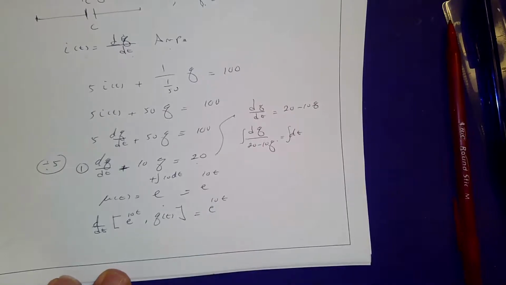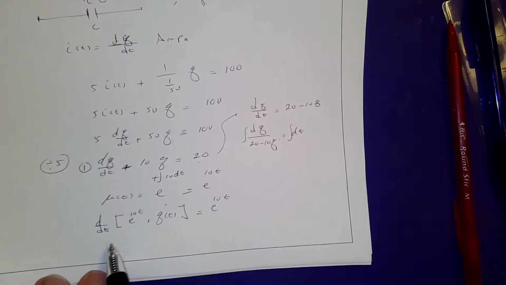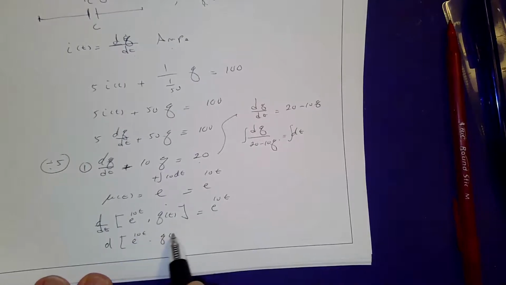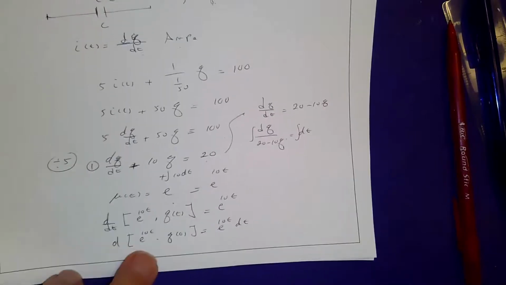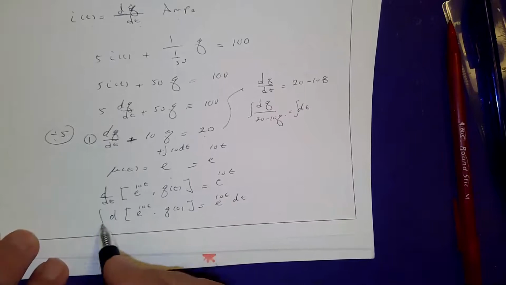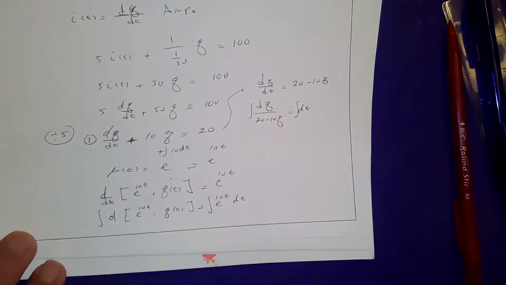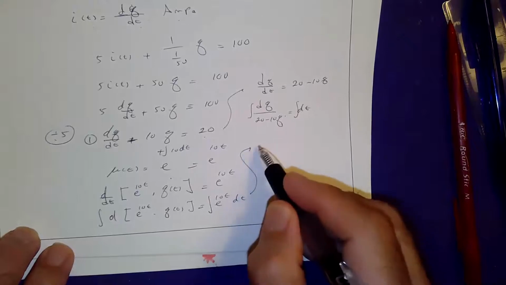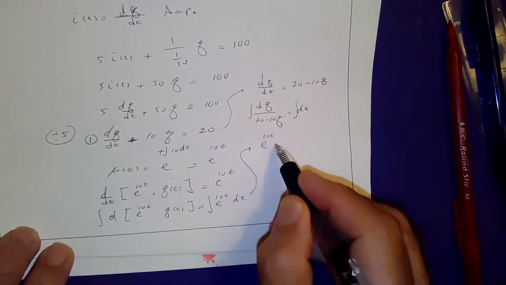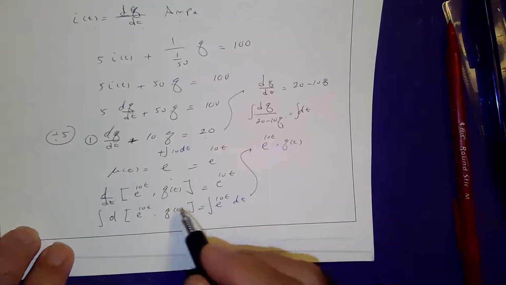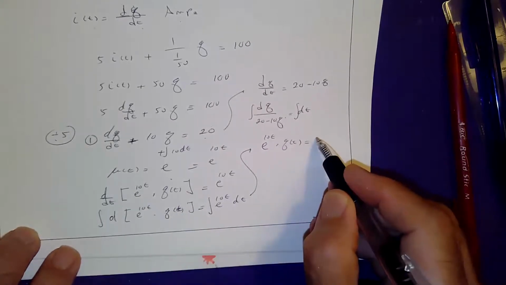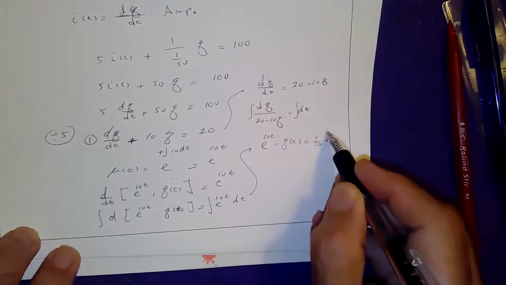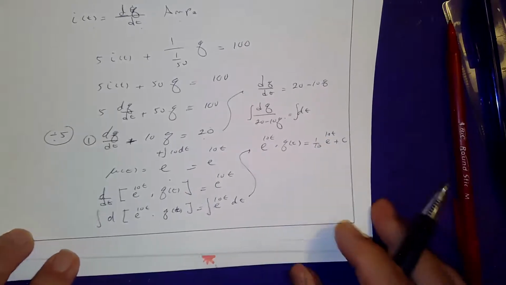Now multiply both sides by dt to put the derivative in differential form, and you're ready to take the integral. The left side is easy, because what you see inside the bracket is what you get. On the right side, you get 1 over 10 e to the 10t, don't forget the C.